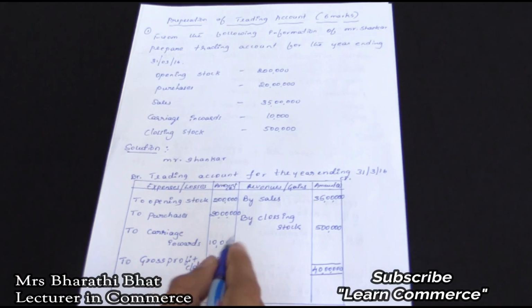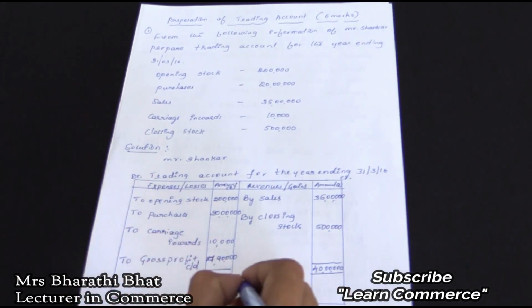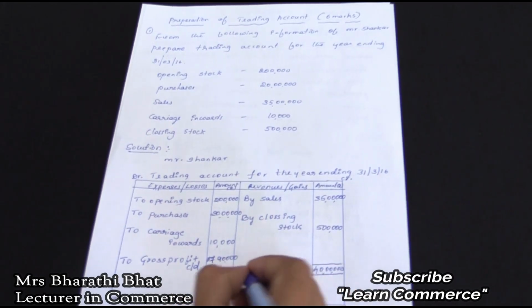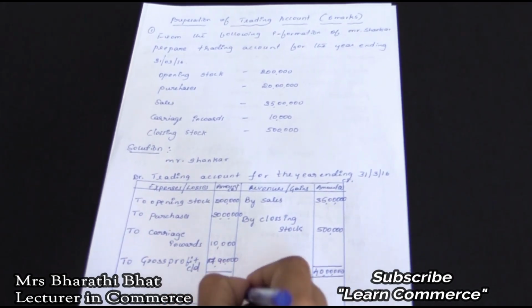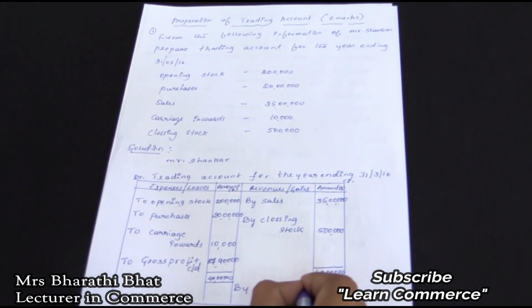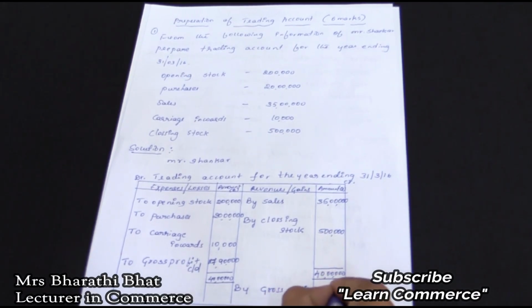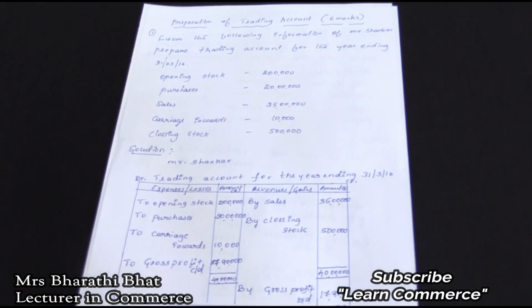So this amount should carry forward to this side as by gross profit brought down, 17 lakh 90,000. In this way, we can prepare trading account.